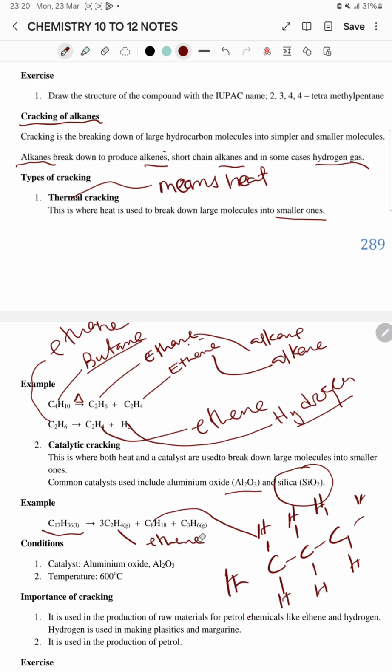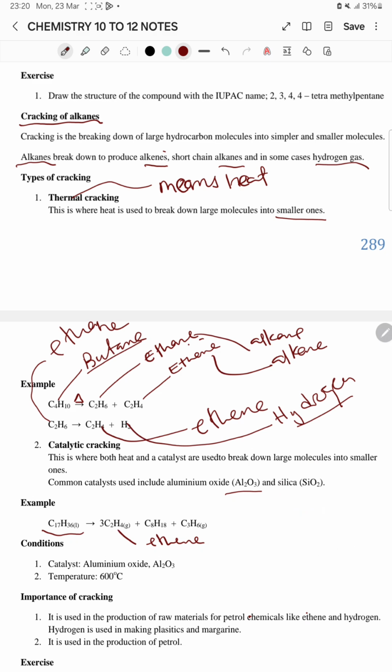Since we have 6 hydrogens there, I want to draw a structure where we are having 3 carbon atoms. So we have 1 2 3, and if you put a double bond here, this one is propene, like I earlier alluded.